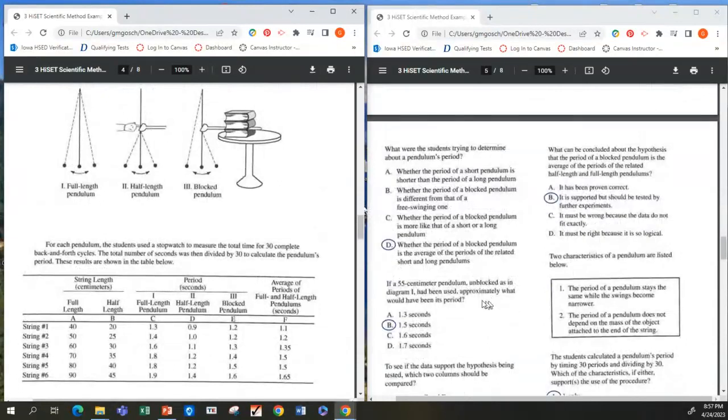If a 55 centimeter pendulum unblocked, as in diagram 1, had been used, approximately what would have been its period? So I'd go back over here and I'm looking at the lengths of the strings and I'm like, wait a minute, we don't have a 55. Oh, that's right, we're speculating here. Well, the outcome should have been somewhere between 50 and 60. But which of these diagrams are we looking at here?